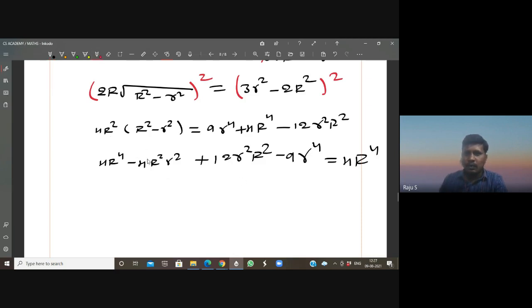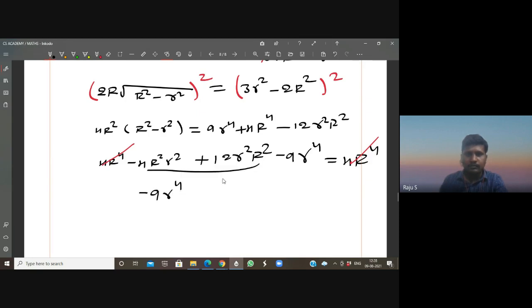Okay, students, what shall we cancel here? Shall I cancel this 2? Yes. Then what is the common here? Here 9 r power 4.